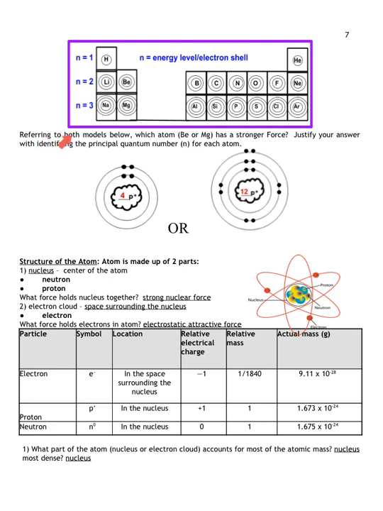Now we refer to both models. Which atom, beryllium or magnesium, has a stronger force? Immediately you see a different number of rings here. Beryllium has n equals 2, whereas magnesium has n equals 3.